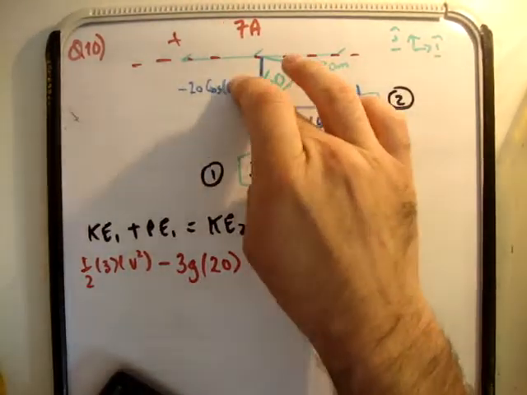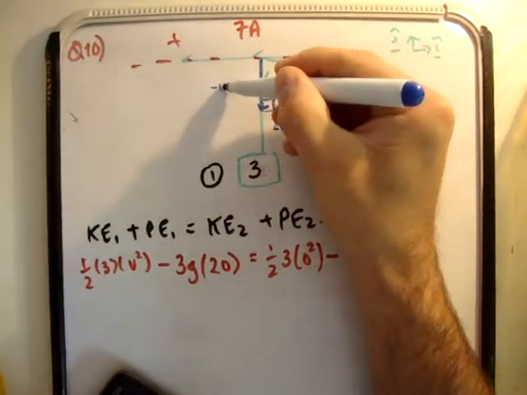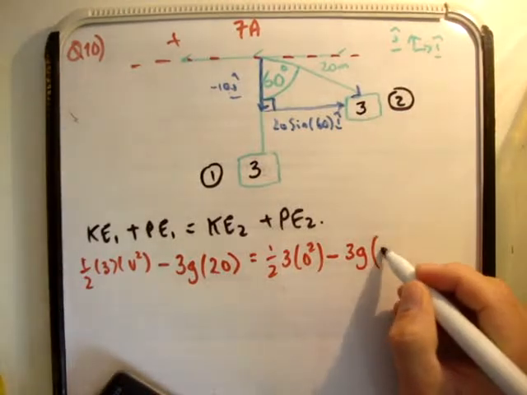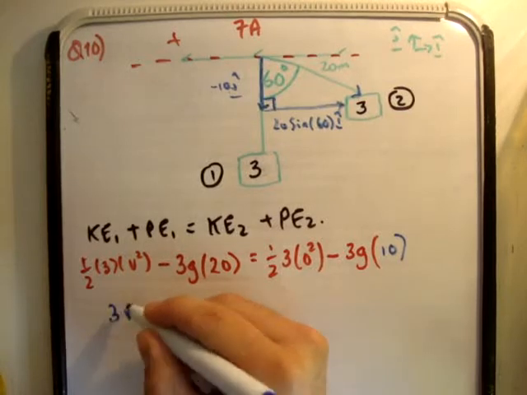So what we can say here is that this displacement is negative 10 j hat. So the height in this case is going to be 10. Alright, so let's plug all of those in. If you multiply across by 2, we get 3v squared.